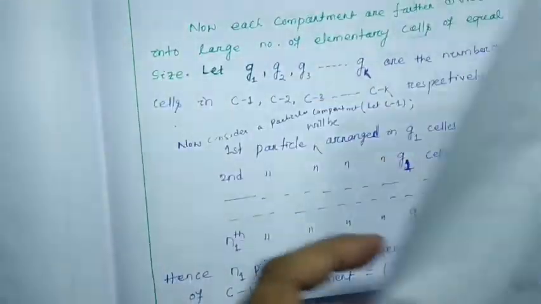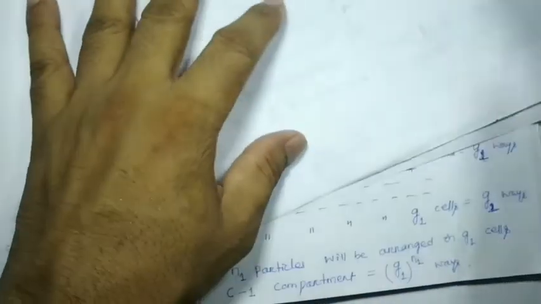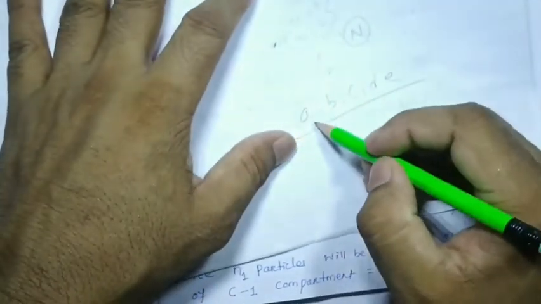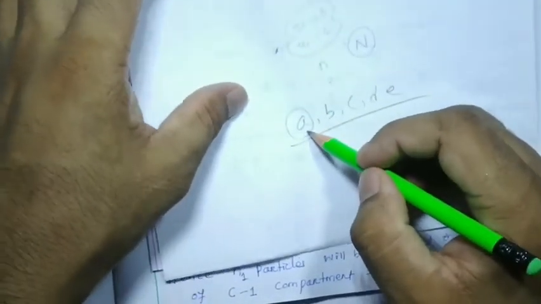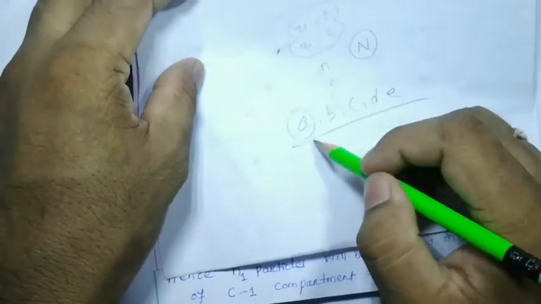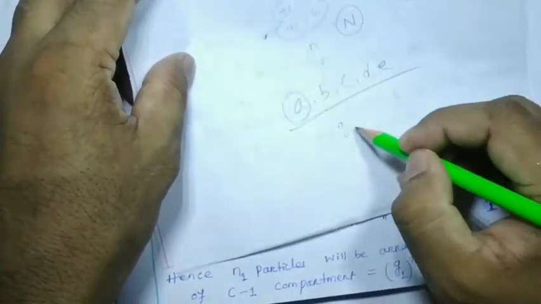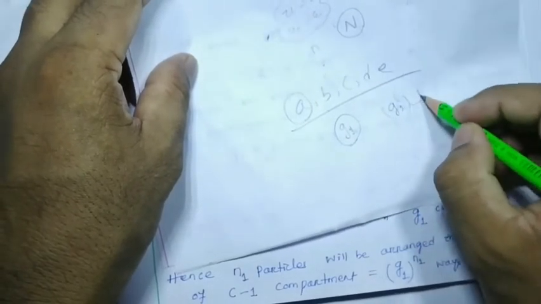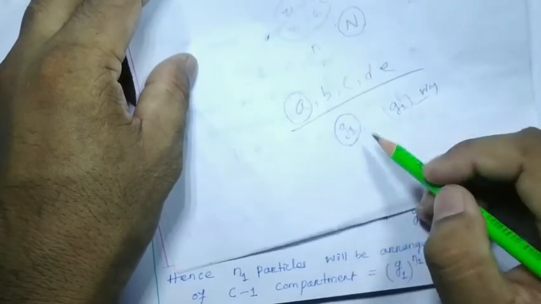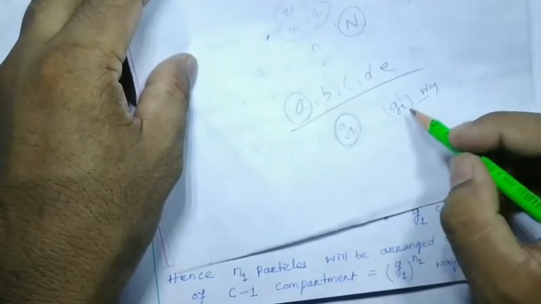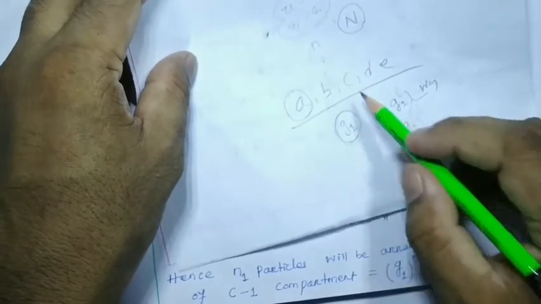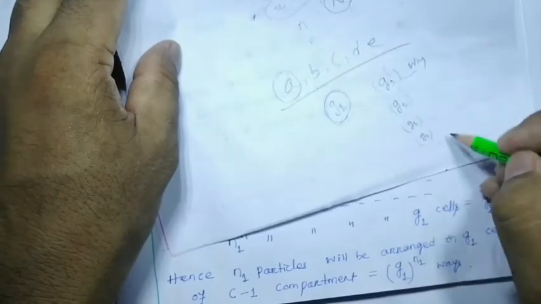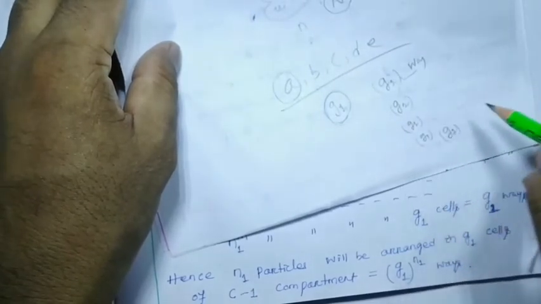Here we consider five particles: A, B, C, D, E. Particle A has to be arranged in g1 cells, how many ways? g1 ways. B is going to be arranged in g1 cells, also g1 ways. For C also g1 ways, for D g1 ways, for E also g1 ways.